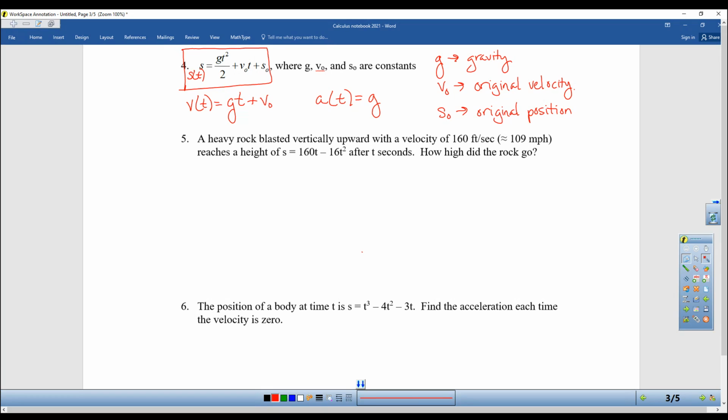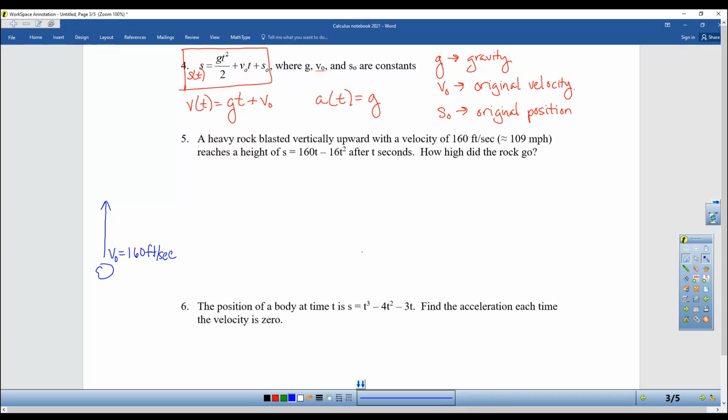Let's do an actual problem. A heavy rock is blasted vertically upward with a velocity of 160 feet per second. It's positive because it's going up. So somebody has this rock, they blast it upward. Its original velocity is 160 feet per second.